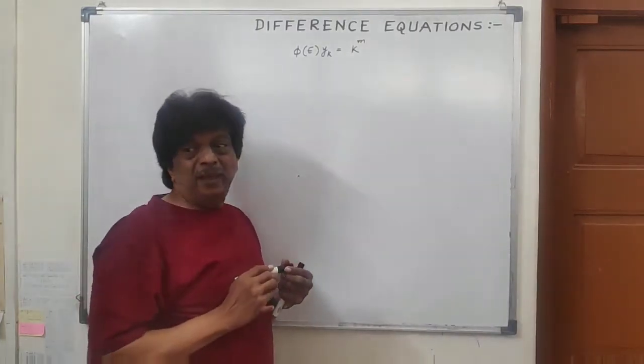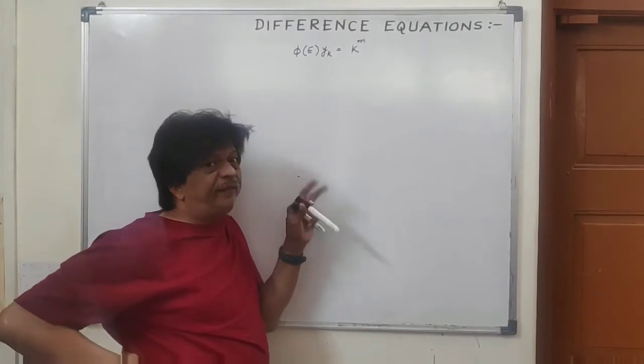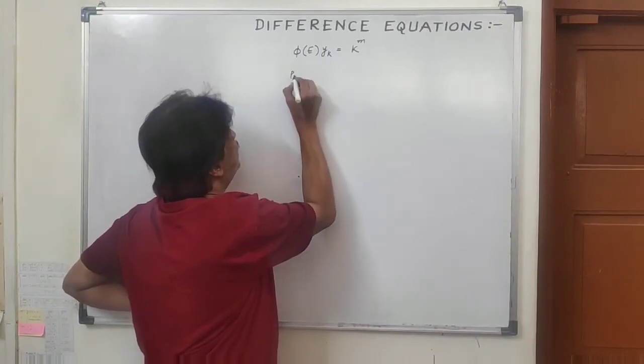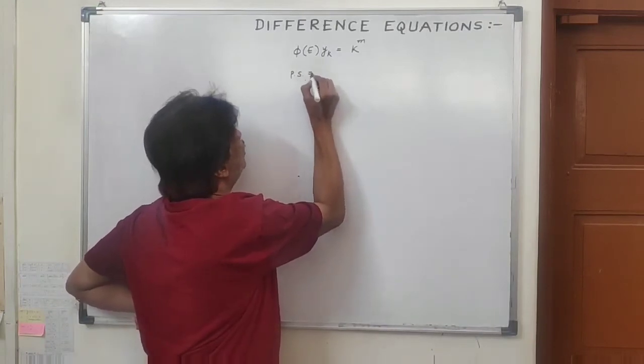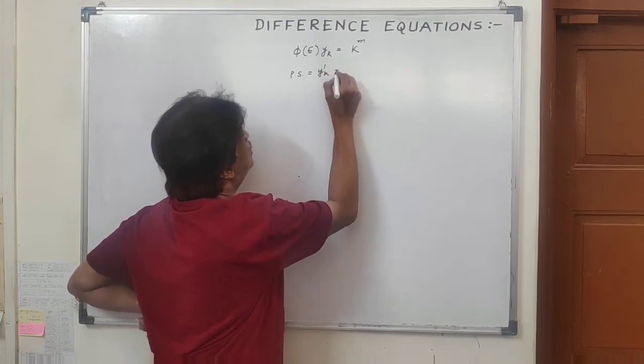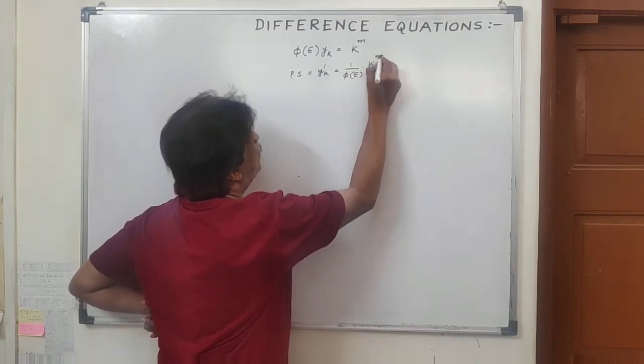This is said to be an algebraic case. So, by the definition of particular solution, what is the particular solution of this? The particular solution is equal to the value of y k, which is further equal to 1 upon phi of E into k raised to power m.